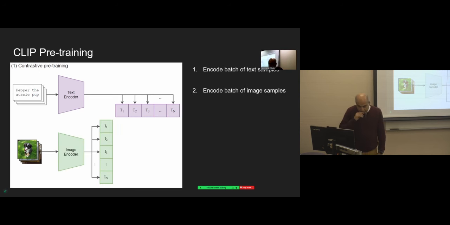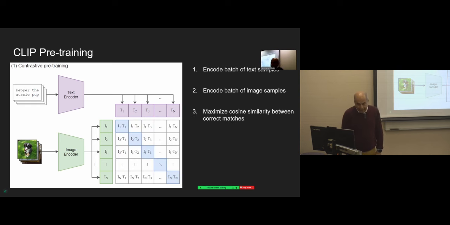And then we will similarly have the image encoder, the image embedding of the first image, second image, and so on. Then we will find the dot product of these two for all of them. So I1 with T1, I1 with T2, and so on. So it will be a matrix. So encode a batch of text samples, encode a batch of image samples, and maximize the cosine similarity between correct matches.